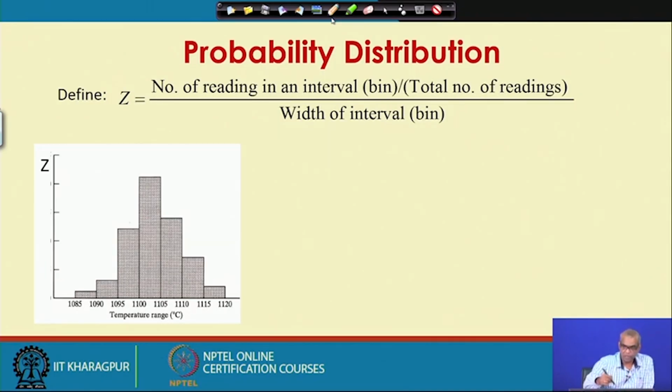So, with this definition of Z, I now plot Z versus those temperature readings.